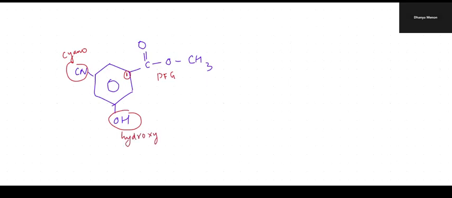Now ester, the name is alkyl alkanoate. So alkyl is the CH3 group. You always write the alkyl group first, and alkyl is the portion that is connected to the oxygen.